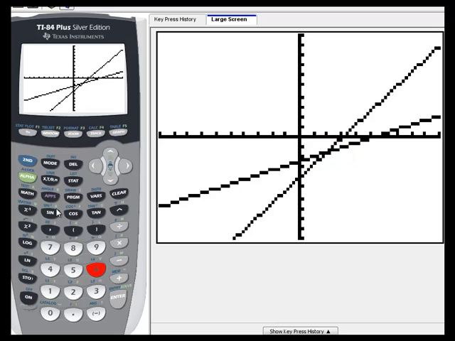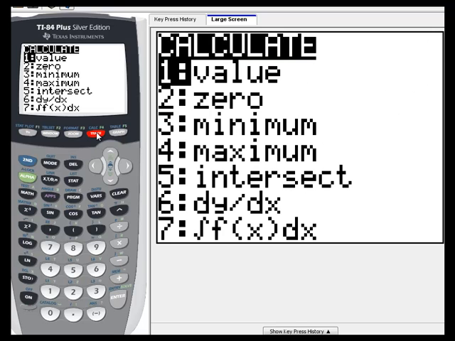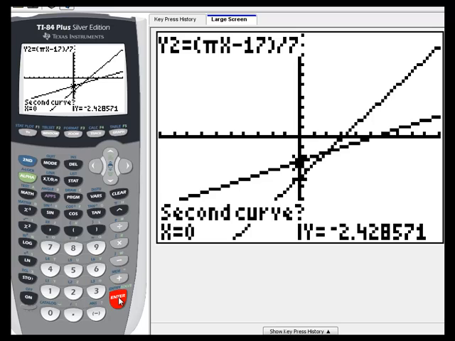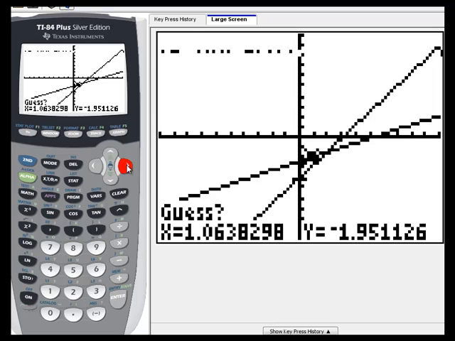Let's get it. That means second calculate, intersect. First curve, yes. Is that our second curve? Yes. Enter. Alright, let's navigate to the right a little bit here. That looks pretty good. Enter.